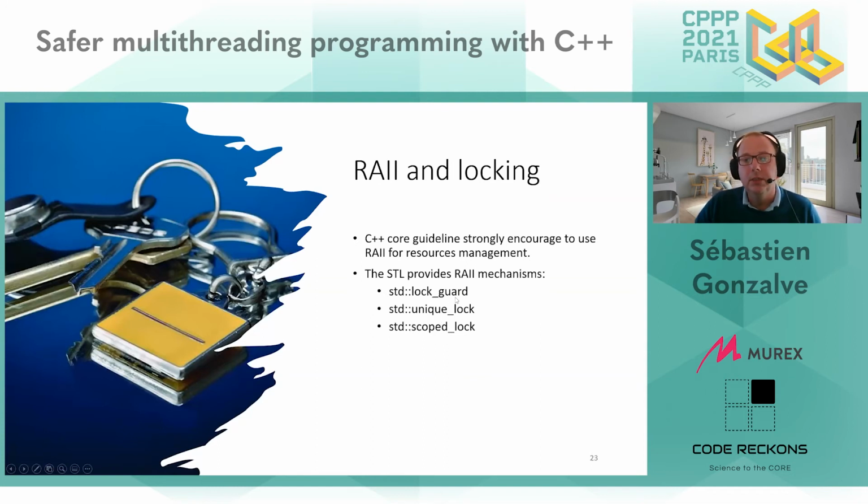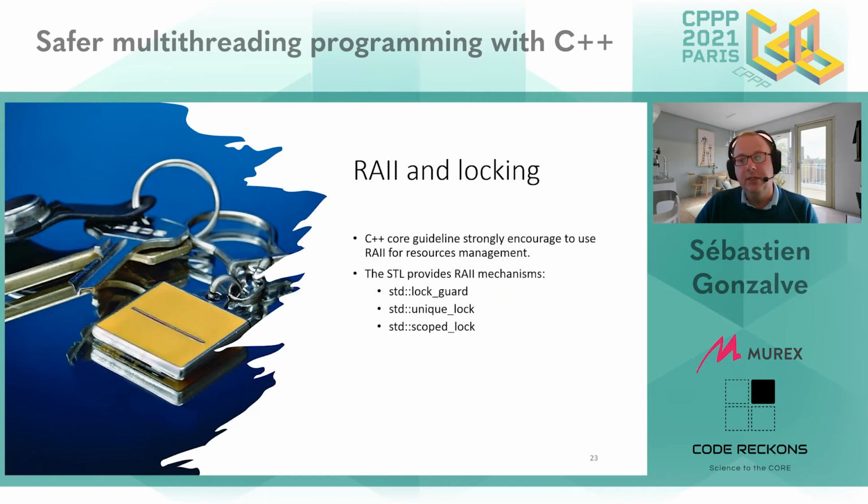lock_guard is an object that takes the lock on the mutex you provide in its constructor and releases the lock in its destructor. So when you create such an object on your stack or anywhere, you have the guarantee that when this object is finished being built, you have the lock.